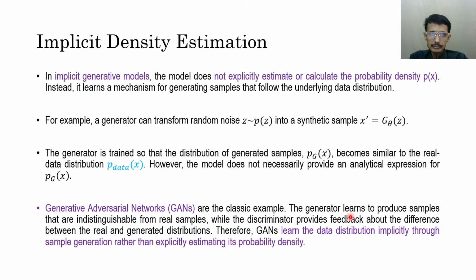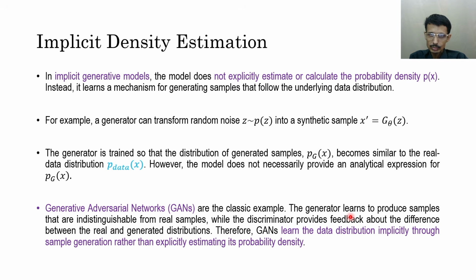In the GAN, the generator tries to generate samples that are very close to the real data distribution. And what is the role of the discriminator? It tries to differentiate between generated samples and real samples.